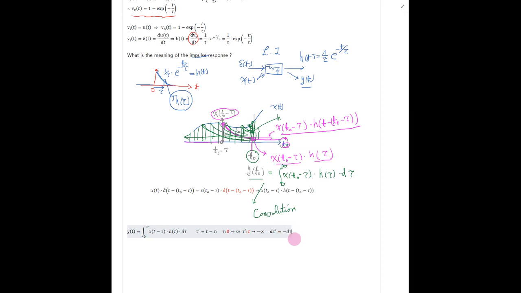Then we can do the change of variable. y(t) can be expressed in this way, from 0 to minus infinity, x(tau prime), and h at this moment, tau is t minus tau prime.